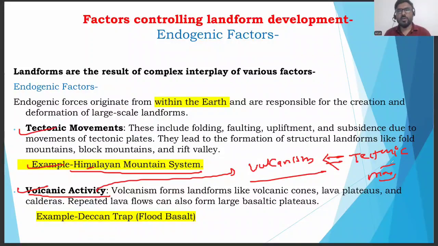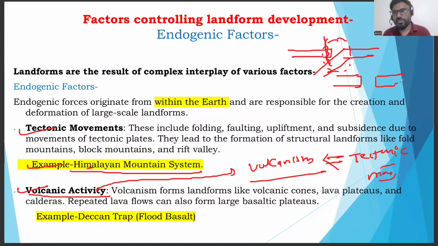When two lithospheric plates converge, it leads to formation of a zone of subduction, and volcanic eruption happens. Or when two plates diverge, the interior magma comes outside and leads to volcanic eruptions. So the possibility of volcanism is always there with respect to plate tectonic movement.